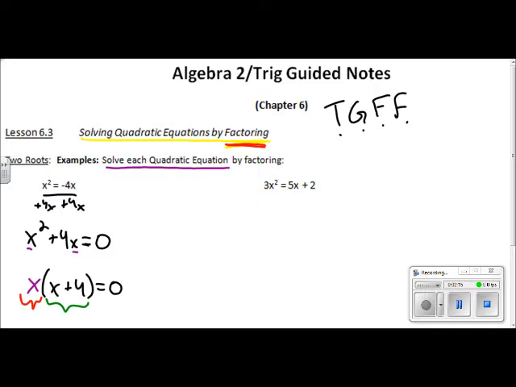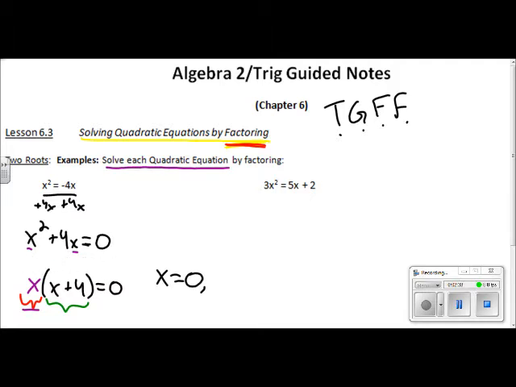So, looking at our example here, either this side, the x, has to equal 0. That way we'd have 0 times 0 plus 4, which is 0 times 4, which is 0. So that would work.